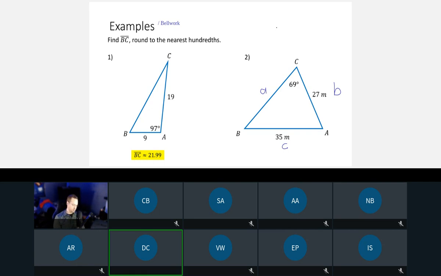So for number two, if it was going to be law of sine, would it be a squared equals b squared plus c squared minus 2bc sine a? Or is it a completely different equation? No, that would be the cosine. You said cosine of A, right? No, sine a. No, no. So look at your identity sheet, and law of cosines would be basically what you just said, but with cosine A, not sine A. Law of sines is the fractions.